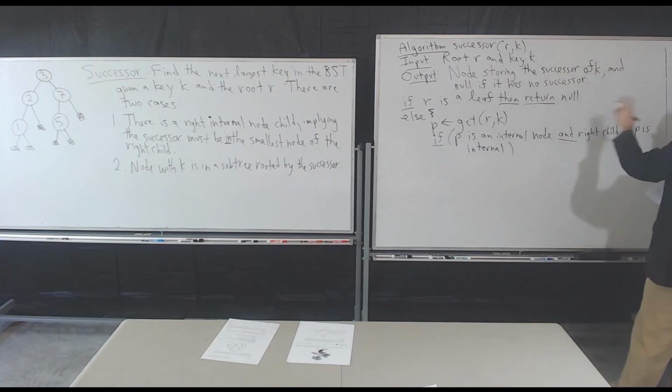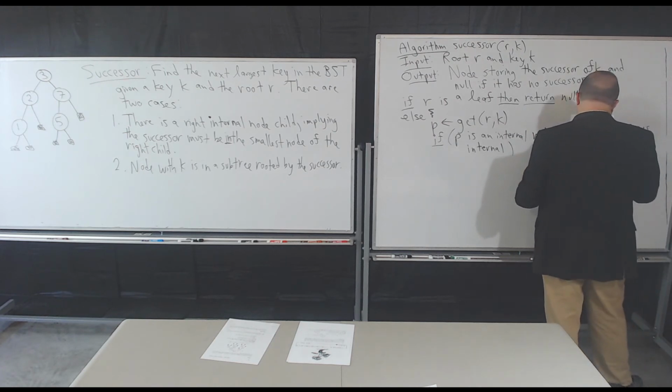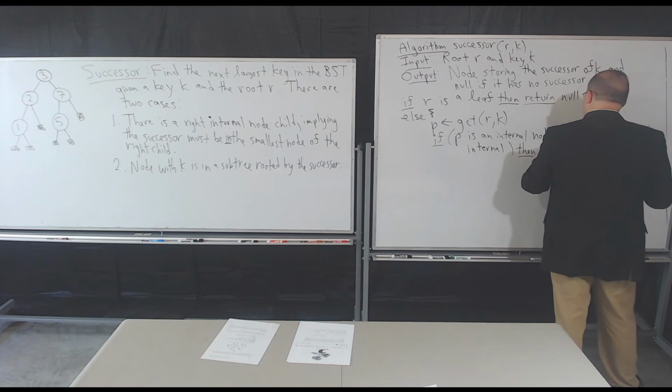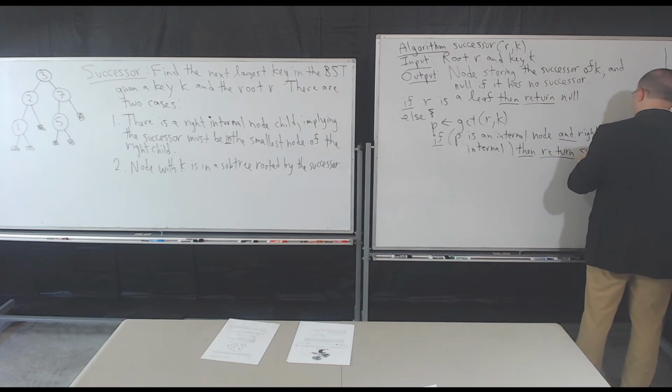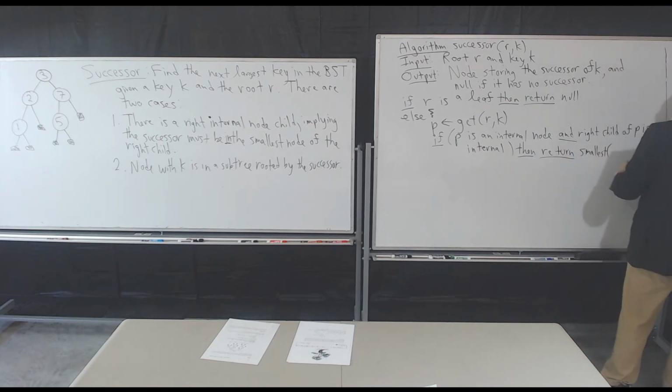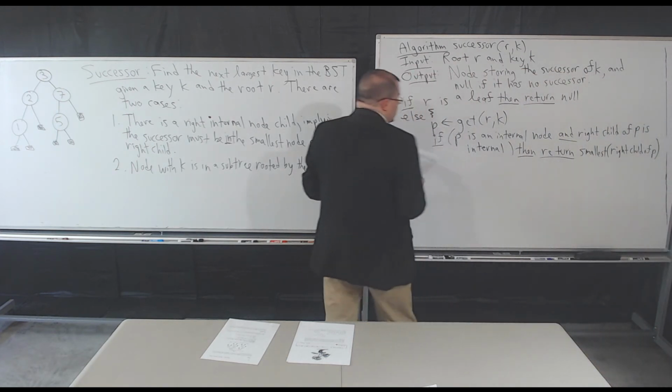I should then return the smallest on what? The right child of P. So I return the smallest of the right child of P.